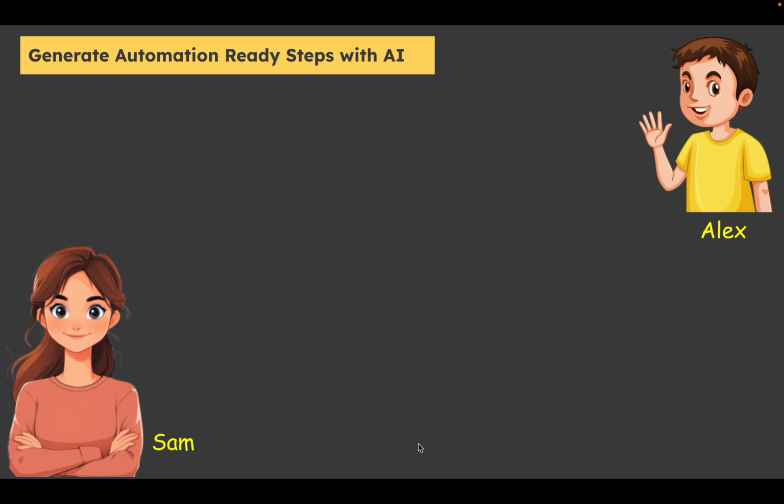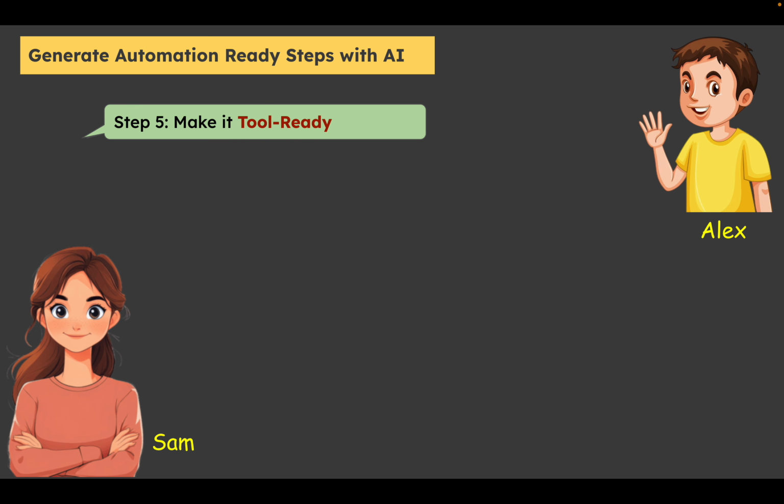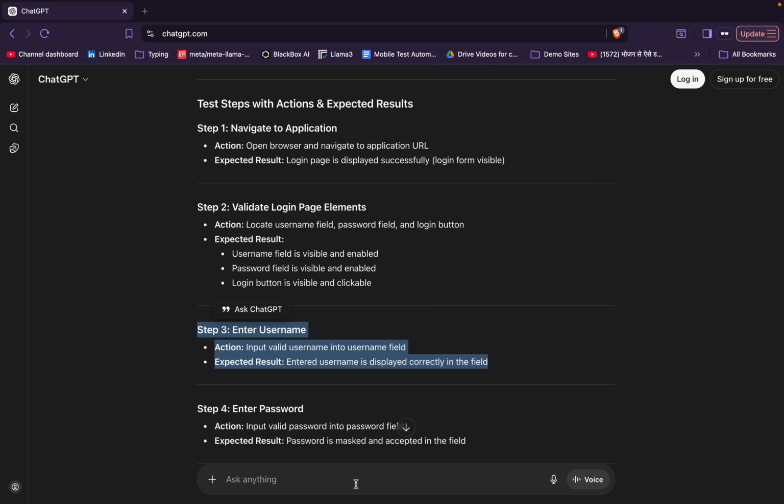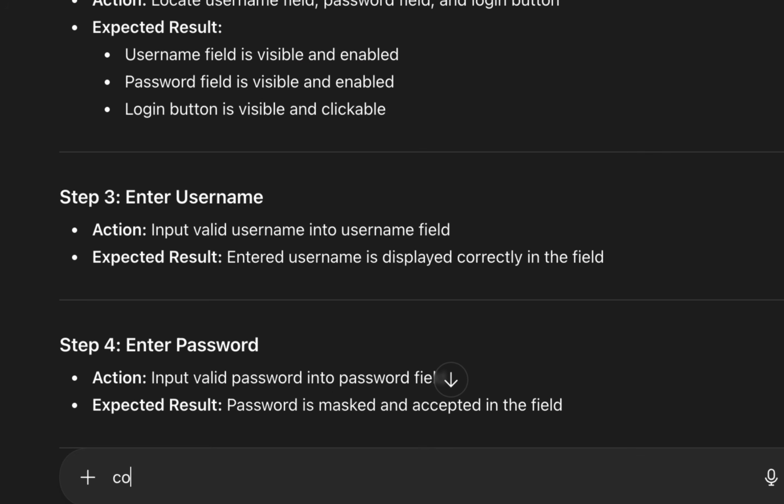Let us also do step number five, which is make it automation tool or platform ready, where we will say convert it into steps suitable for this particular automation tool. So I will say here, convert this into steps suitable for automation testing using Playwright.